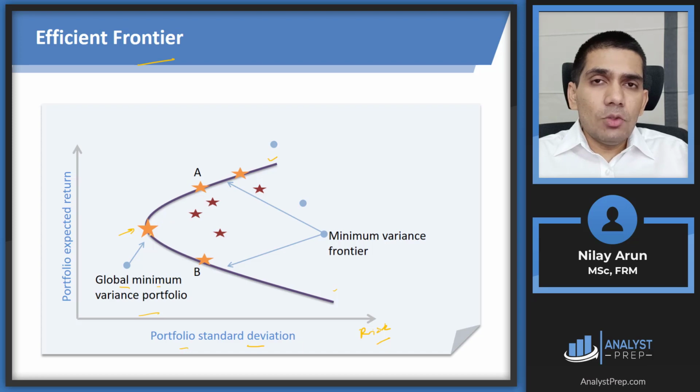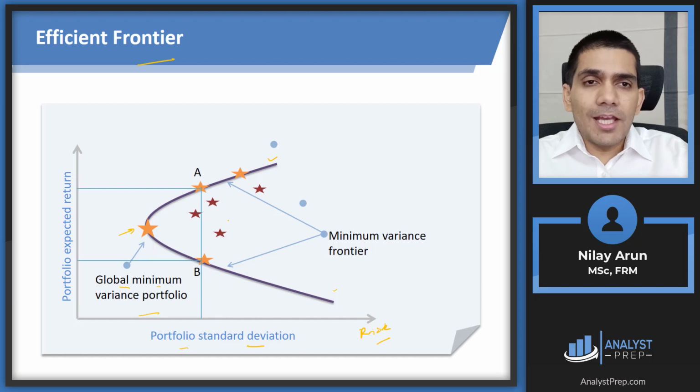Now, the next thing that we need to identify is something that we call the efficient frontier. Now, what do we really mean by efficient frontier? Now, let's take an example of the portfolio A and B to understand this concept. Now, pay attention to the expected return and the standard deviation, basically the risk of these portfolios. So if we compare A and B, you see that the amount of risk is actually exactly the same.